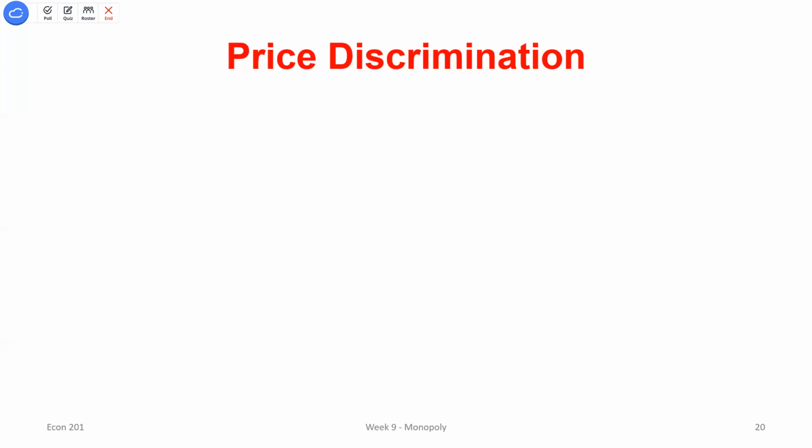So essentially, demand becomes my marginal revenue. So where would the profit maximizing quantity be? It's always going to be where marginal cost is equal to marginal revenue. So where would that be here? All the way out here.